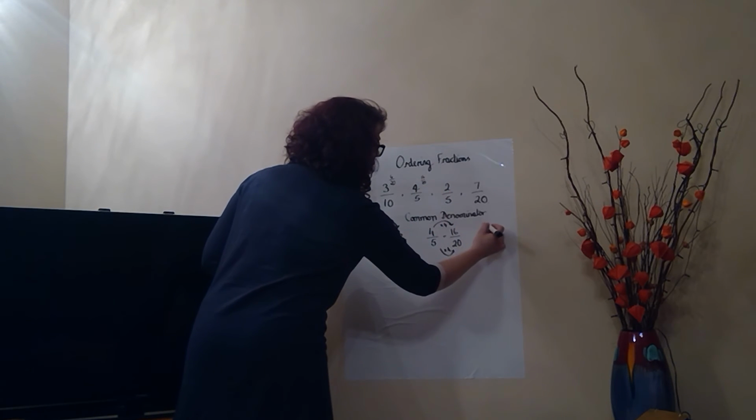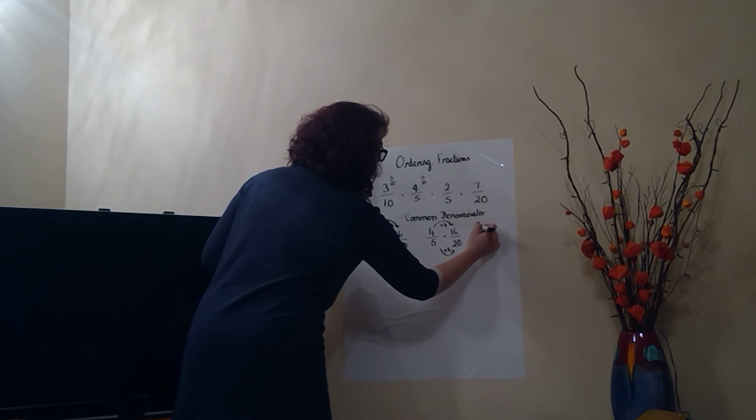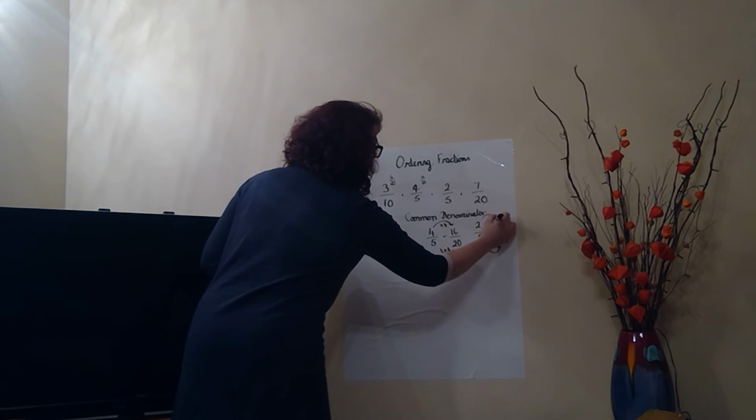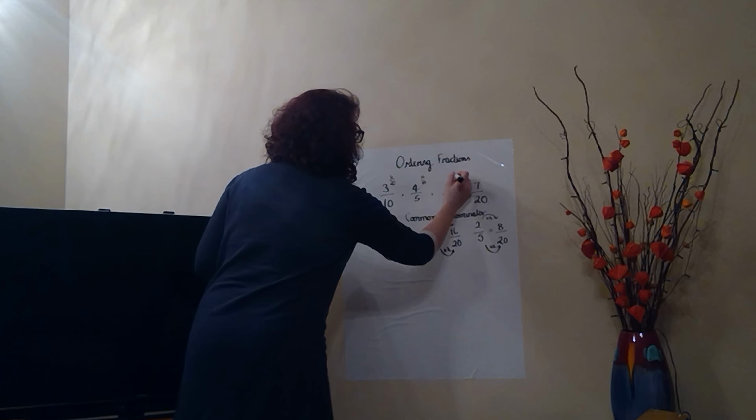And my final one that I'm going to have to find the equivalent for, I have 2/5. Again, I want to change it into 20ths, and I know that if I times 5 by 4, it's going to give me 20. And I'll do the same to the top because I've done that to the bottom, and that will give me 8/20.